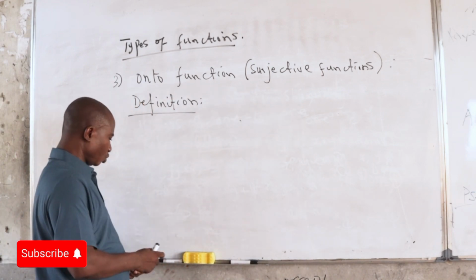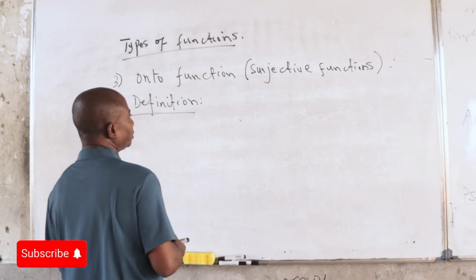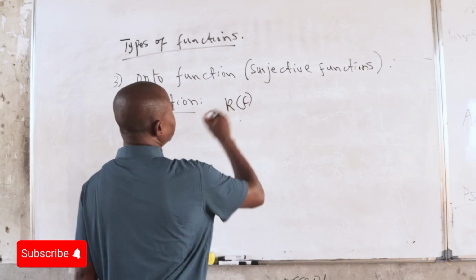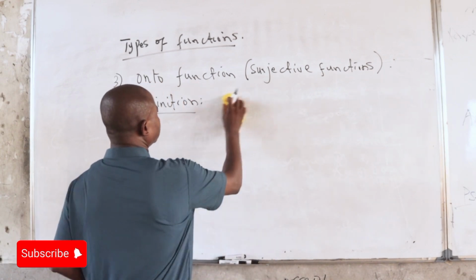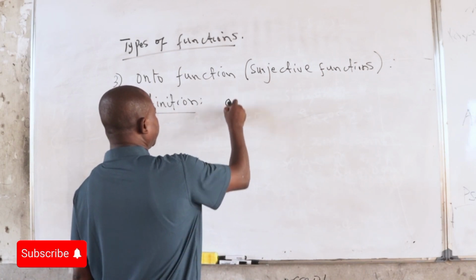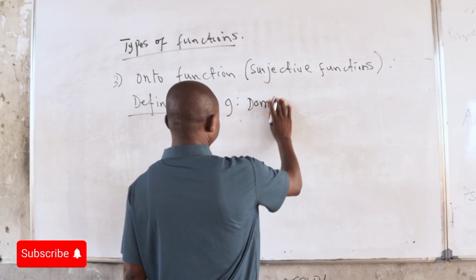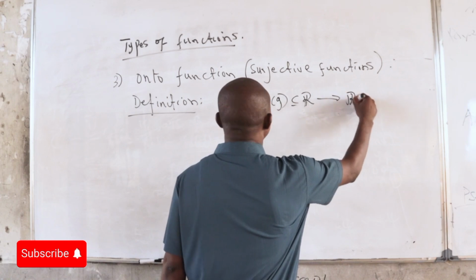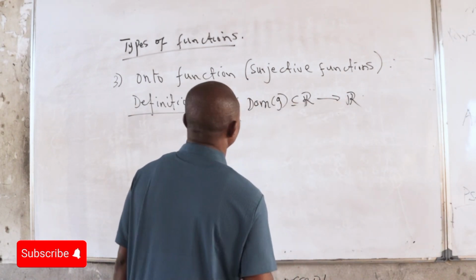Recall that we define the range or image of the function as follows. R of f, if f is our function. We define g, with domain of g a subset of R, into R. This is our function.